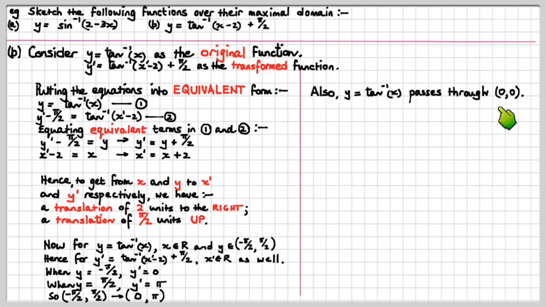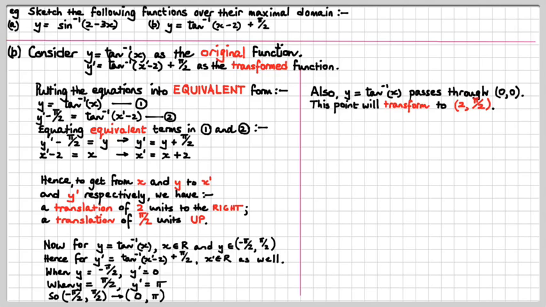This is the thing I was just alluding to before. This is the central point where the original graph of y equals inverse tan would go through 0 and 0. So why don't we translate that point 2 units to the right and pi on 2 units up to get a bit of perspective on what's going on. This can be a bit hairy when you're doing graphs that are defined for all of real numbers, which they are. This is in the x realm.